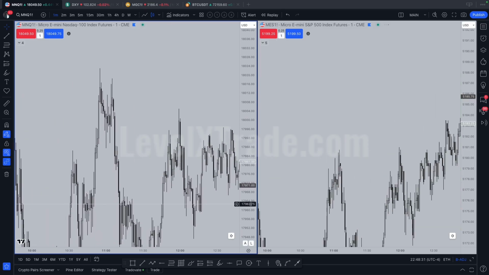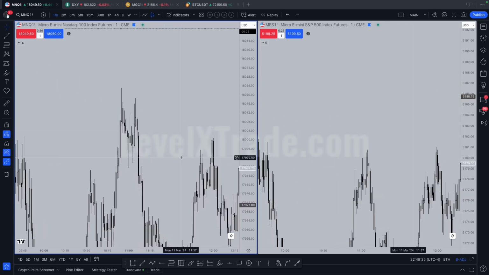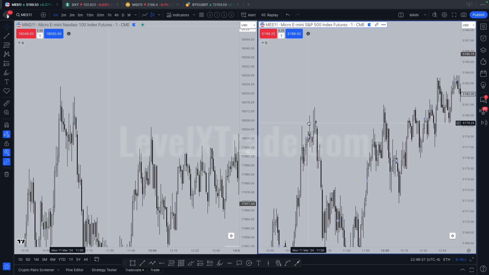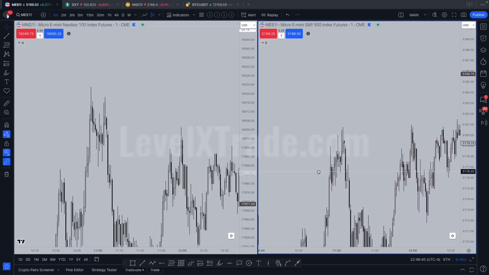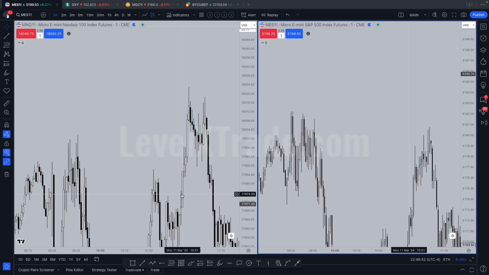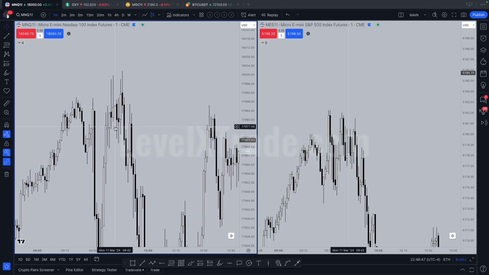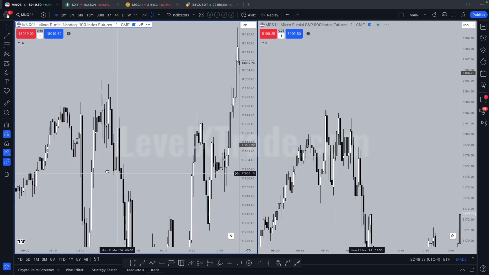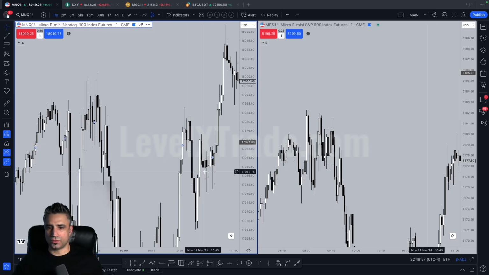Whenever there is a point of interest where you're looking at placing a sell, that's when you can compare both assets to see which one is moving quicker. As you can see here, they move very, very similar, and only when there is a discrepancy, one moving faster than the other, that's when you use that as a confluence. An additional confluence in order for you to place a trade.